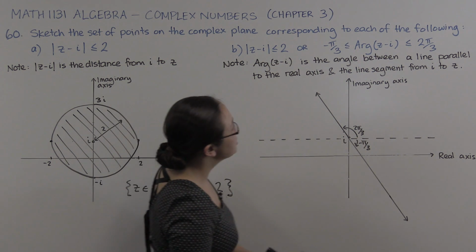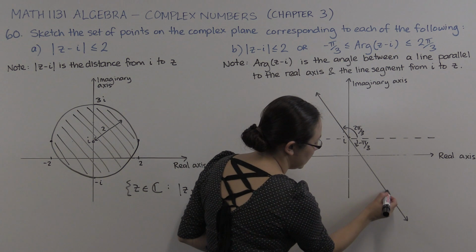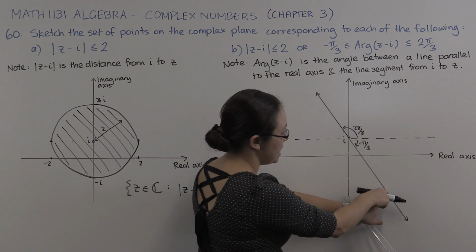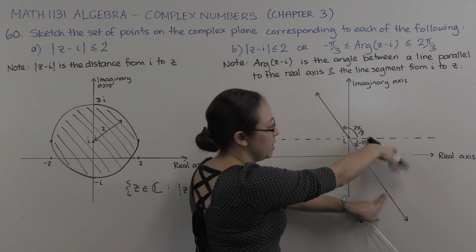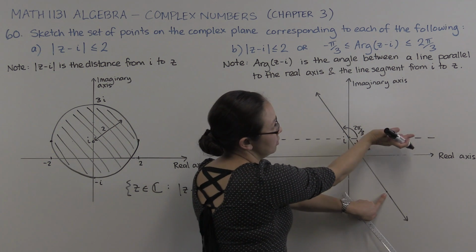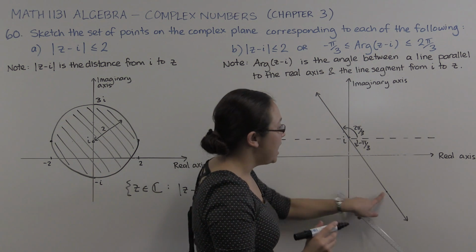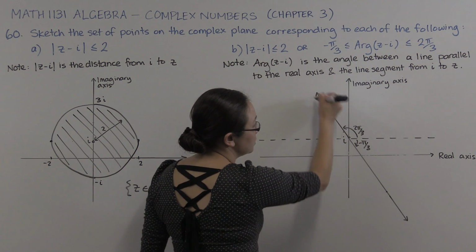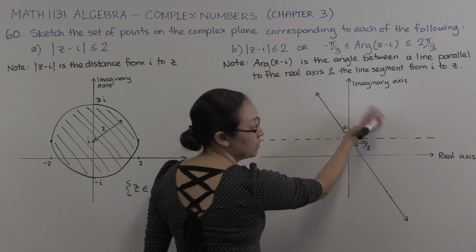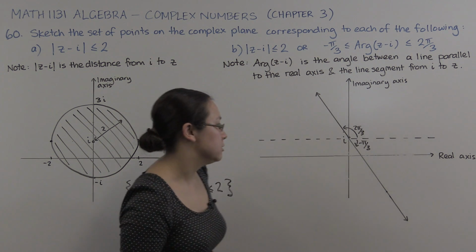If z is on this line, then the line segment from i to z is going to make an angle of minus pi on 3 with this horizontal line here. And a point z on this line will make an angle of 2 pi on 3 with a line parallel to the real axis.